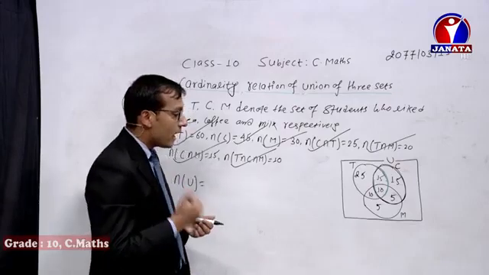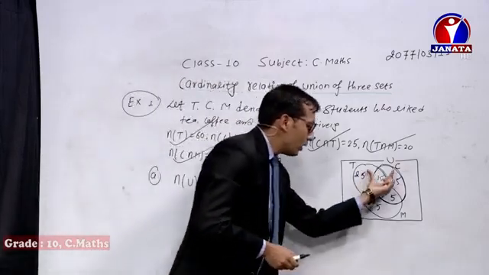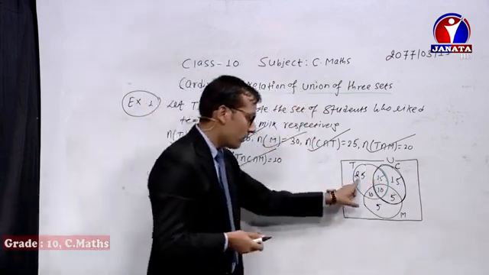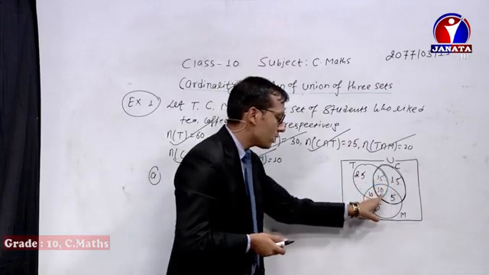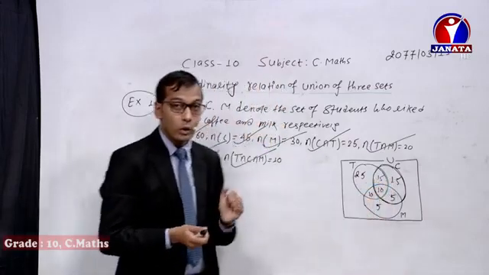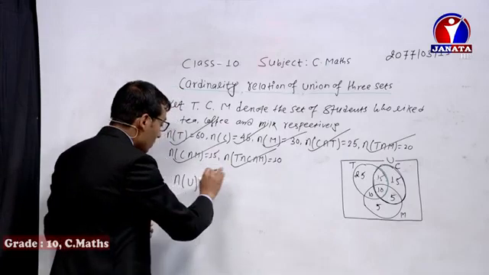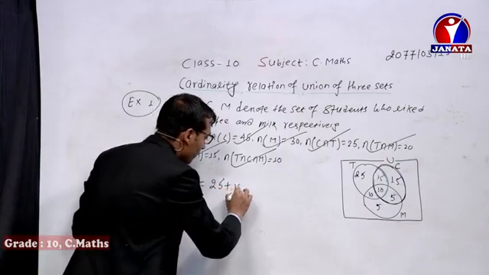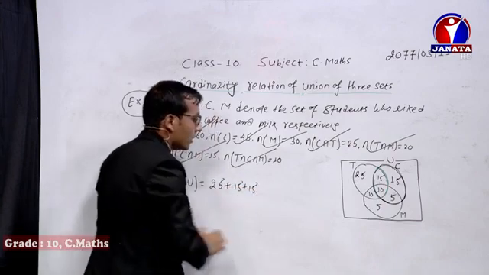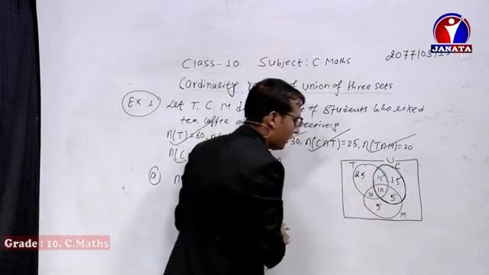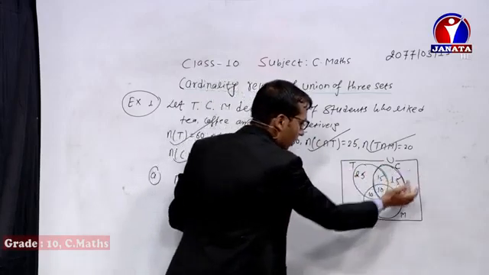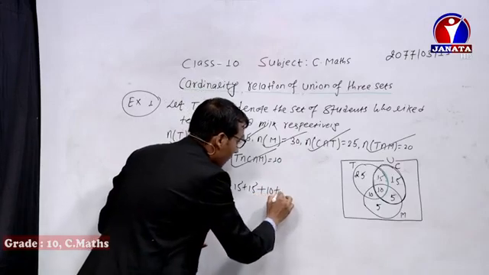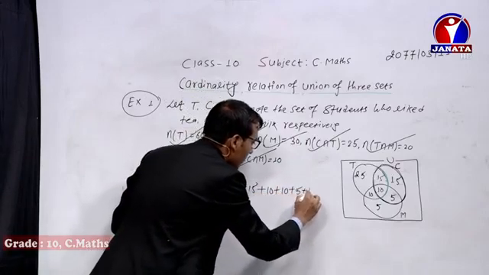So if we add the numbers which we have filled in the diagram, like 25 plus 15 plus 15 plus 10 plus 5 plus 10 plus 5, we will obtain n of U. So n of U is simply 25, let's add the numbers, plus 15 plus 15. That's all the numbers which are in either set T or in C or in M. Plus 10 plus 10 plus 5 plus 5.